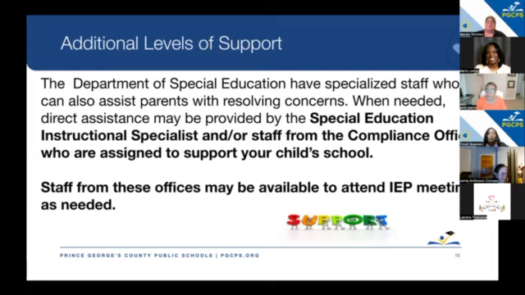And so sometimes when concerns are brought to our attention at the Family Support Center, what we do is involve our special education instructional specialists, who are central office team members who support several schools at the central office level, and or staff from our compliance office, which support in making sure that IEP teams are complying with what the law is and what's happening in the classroom or in the process for the IEP. And oftentimes that looks like requesting staff from those offices to attend IEP meetings.